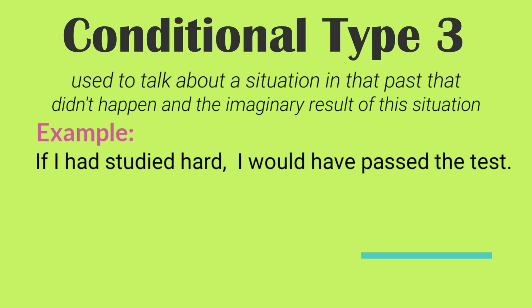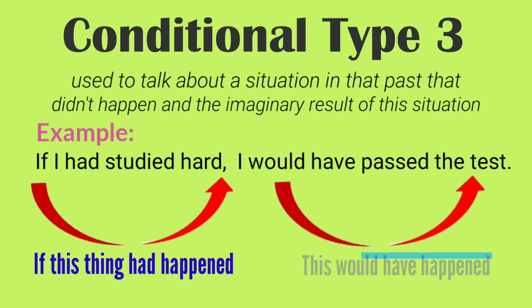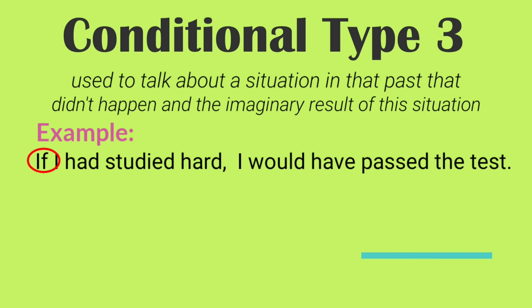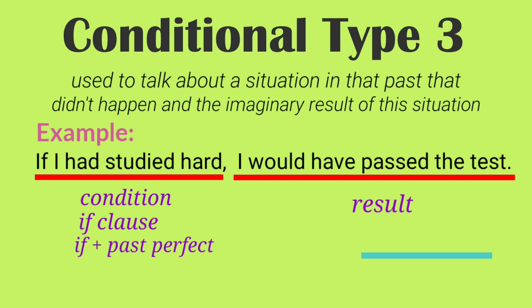Here, you're basically thinking about an event or situation and you're imagining how things would have been different. Remember, when we're talking about conditionals, these are if statements. They are made up of two parts: the condition, which is our if clause, and the result. The if clause is structured using if plus past perfect.